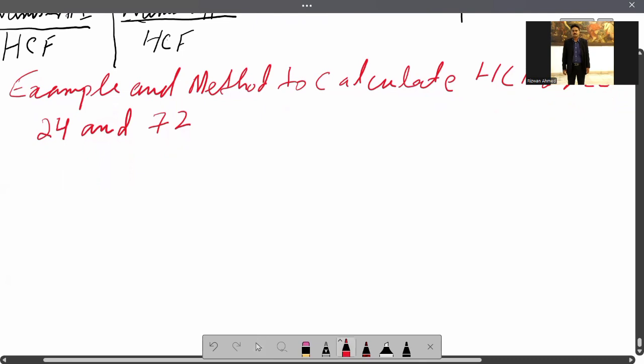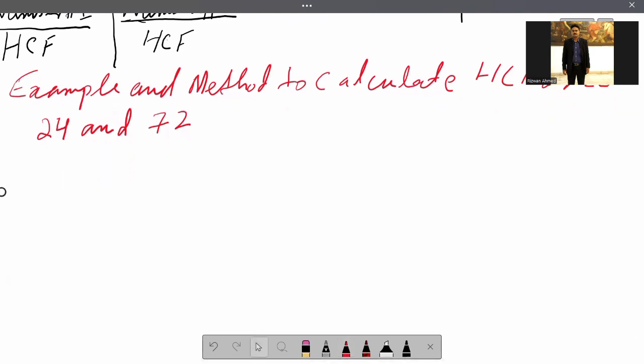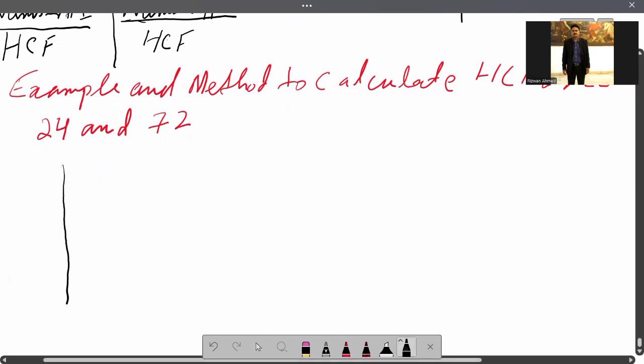Now, the simplest method to calculate HCF is the division method, and for this you have to remember these basic things. You put 24 and 72 here, and the same thing with the LCM.